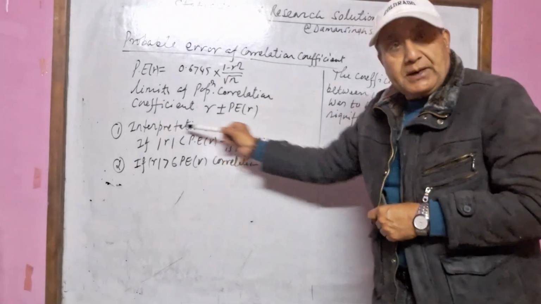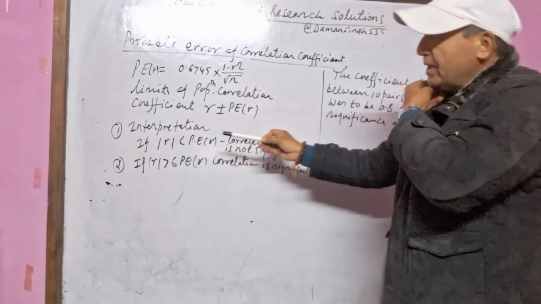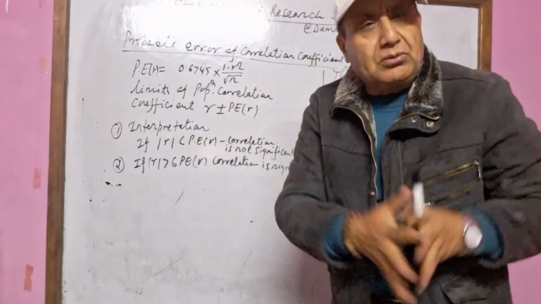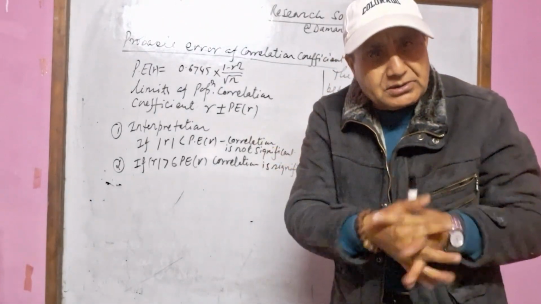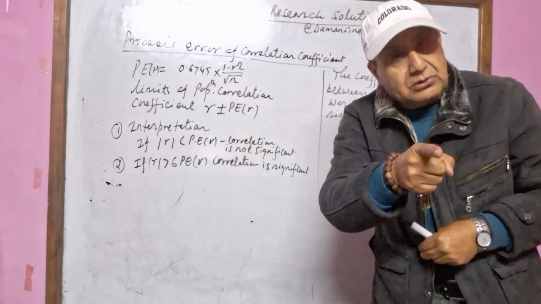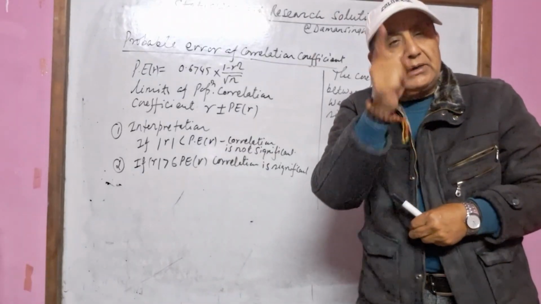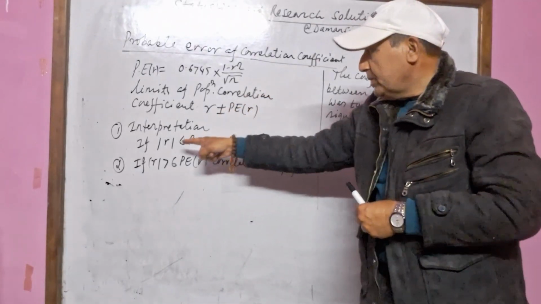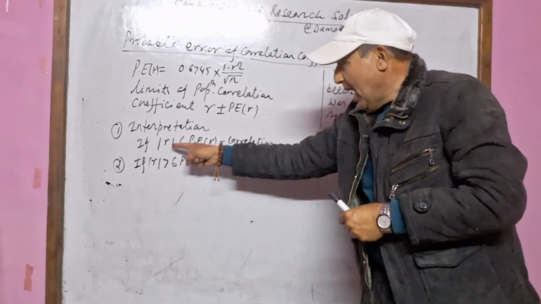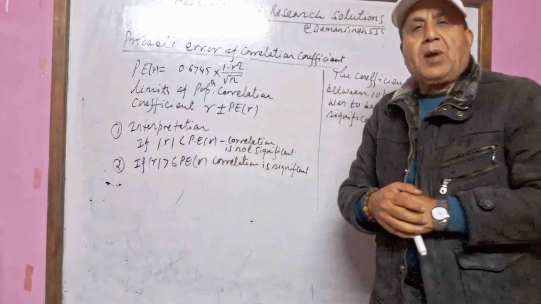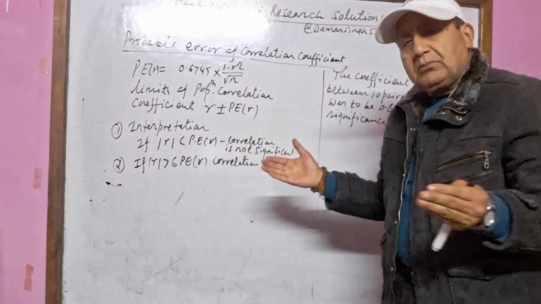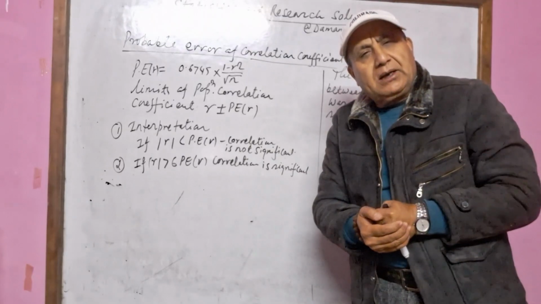And we interpret always, just keep this in your mind, with modulus R, meaning the positive value of R, not the negative value. R can take a negative value also, but for the interpretation of R, we always write the modulus value. When R is less than probable error, then there is no evidence of correlation.